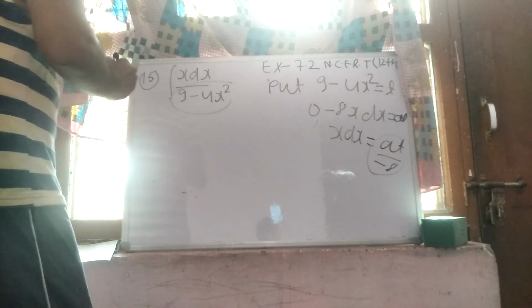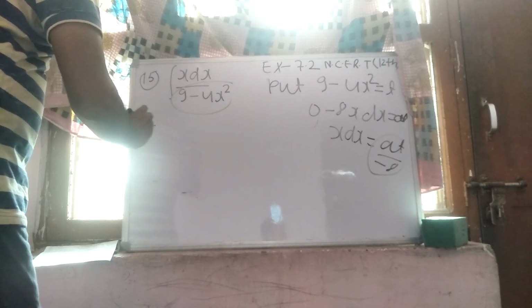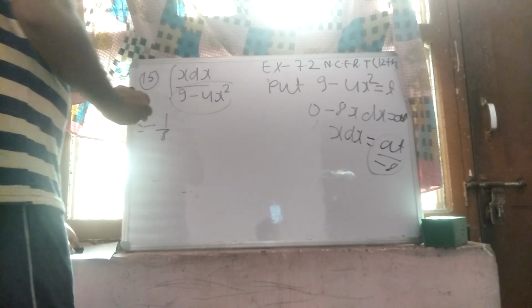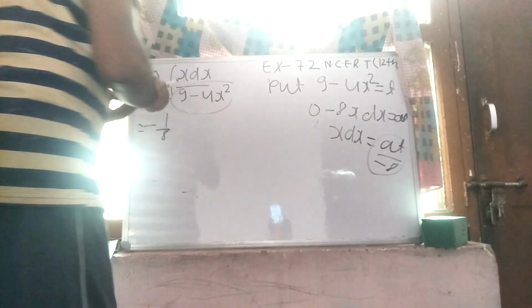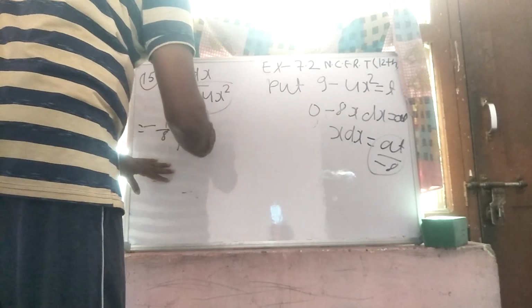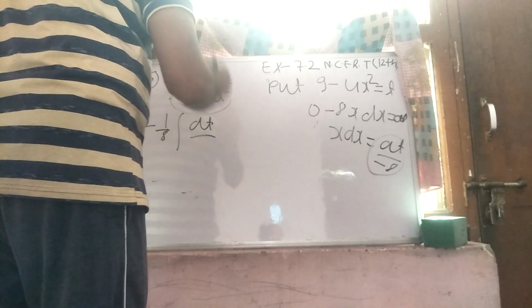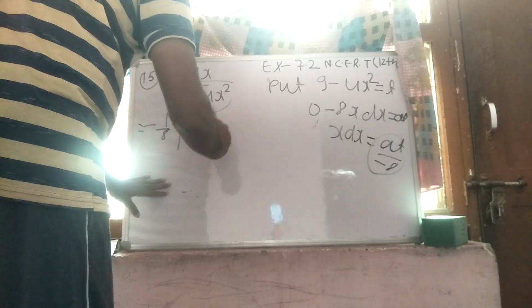So x dx is dt upon minus 8, giving minus 1 upon 8 times dt upon t.